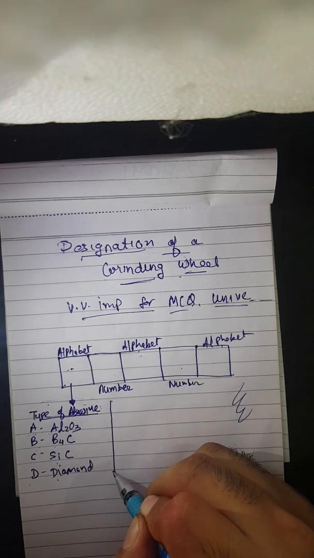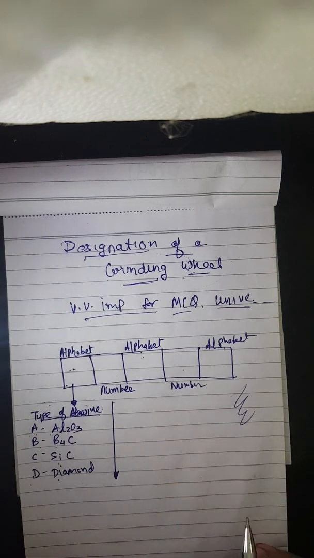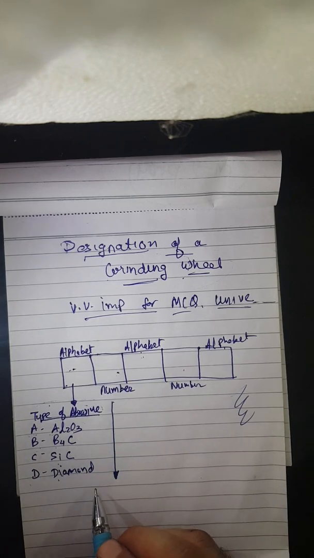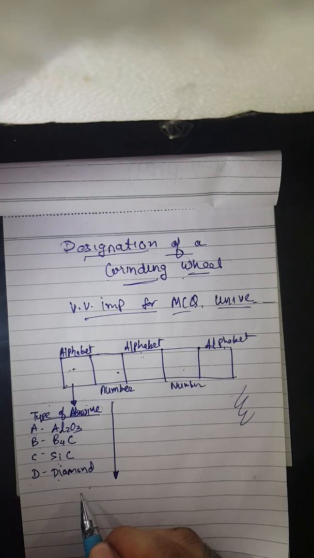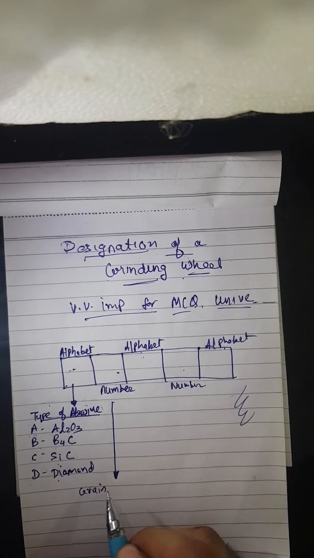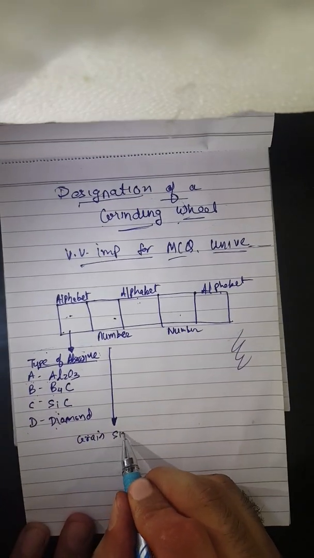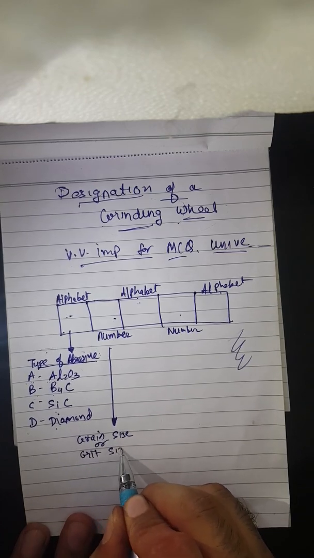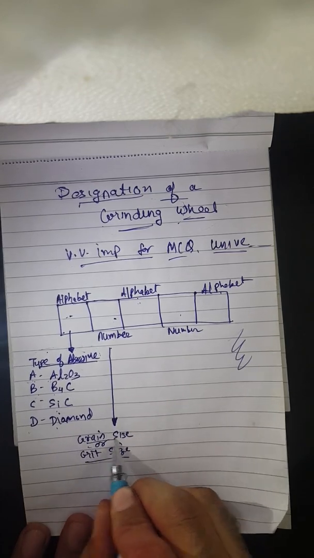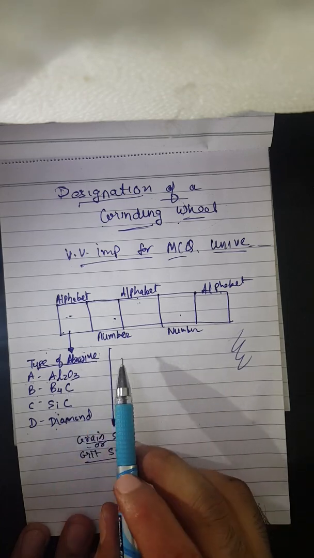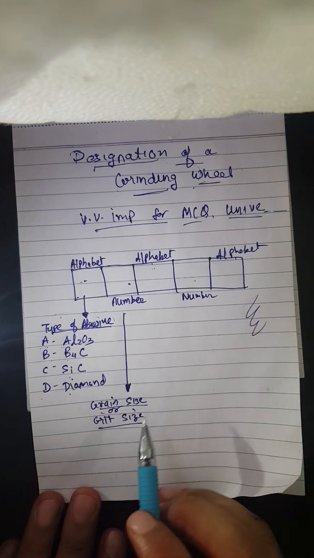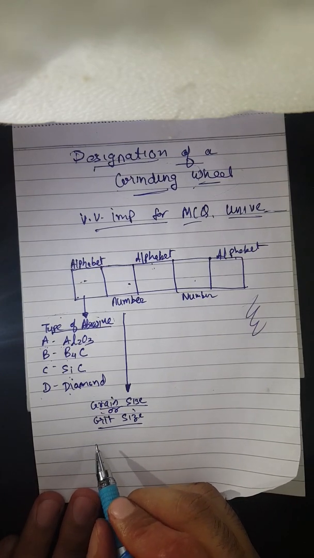The second block, which corresponds to a number, gives us an idea about something called the grain size or grit size. We'll see this in detail later, but it has a specific range.